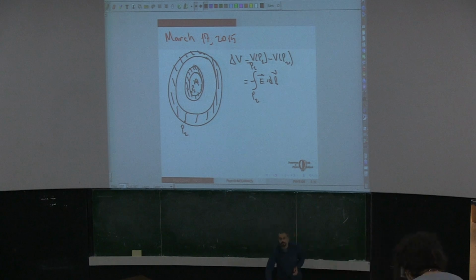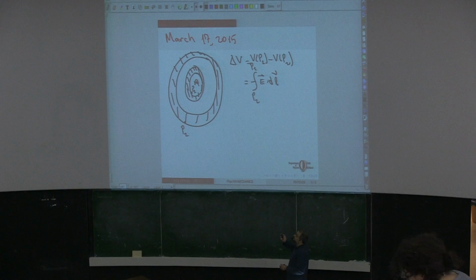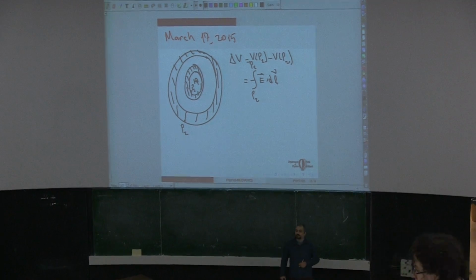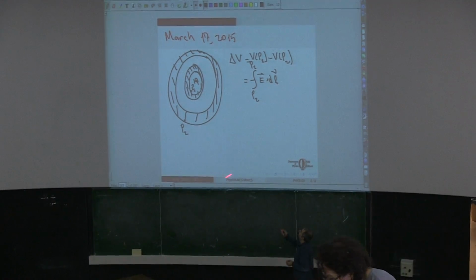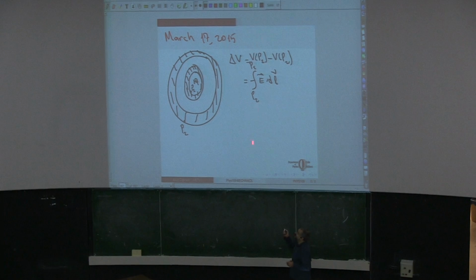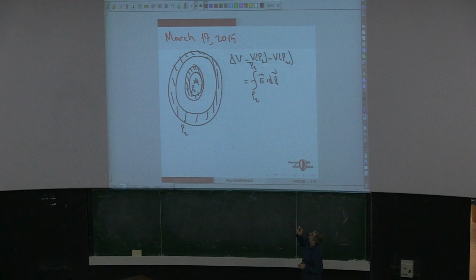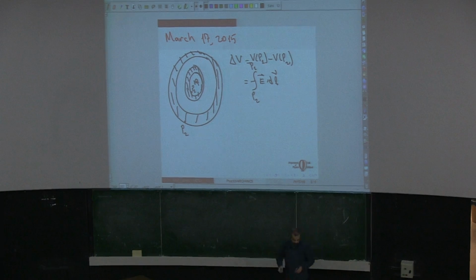Now, how do we go from P1 to P2? Well, you just choose any path that you like. Now, the thing is, for the electric field, this integral should be independent of how you go from the initial point to the final point. So we can just choose a path. This is our point P1, this is a radial line that goes through the point P1.